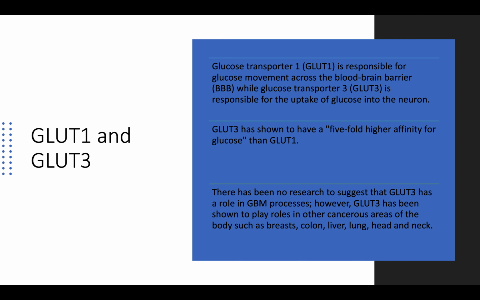GLUT3 has been shown to have a five-fold higher affinity for glucose than GLUT1. There has been no research to suggest that GLUT3 has a role in GBM processes. However, GLUT3 has been shown to play roles in other cancerous areas of the body, such as breast, colon, liver, lung, head, and neck.